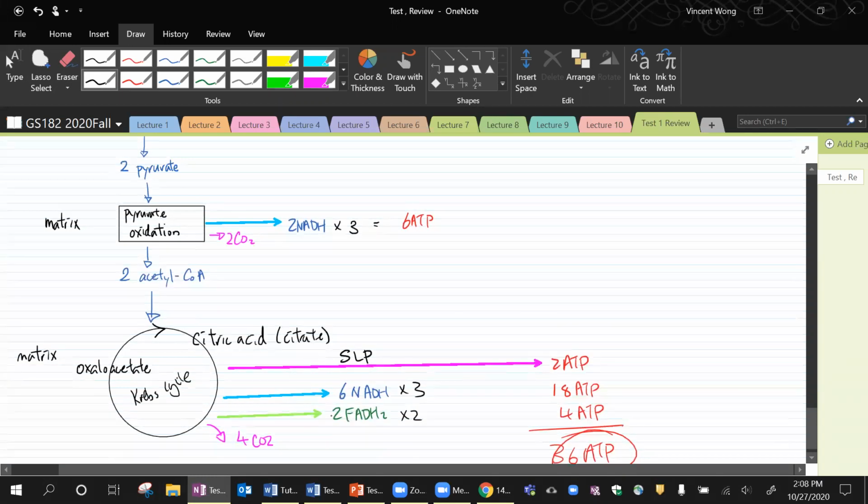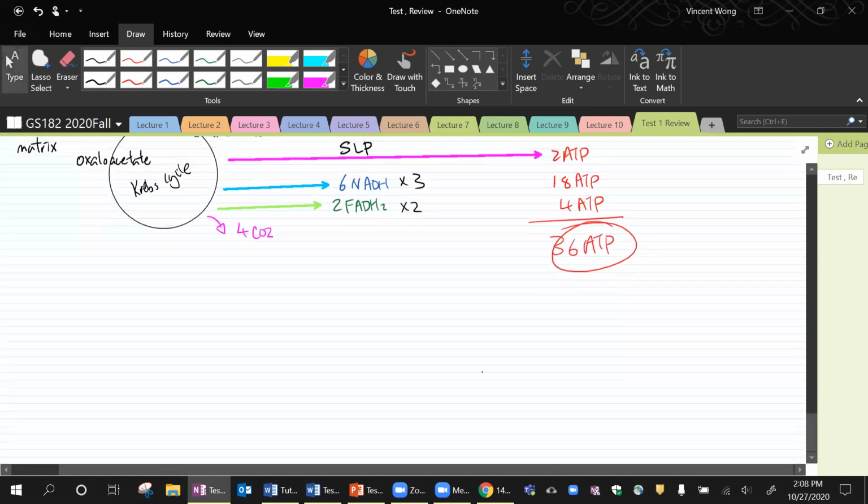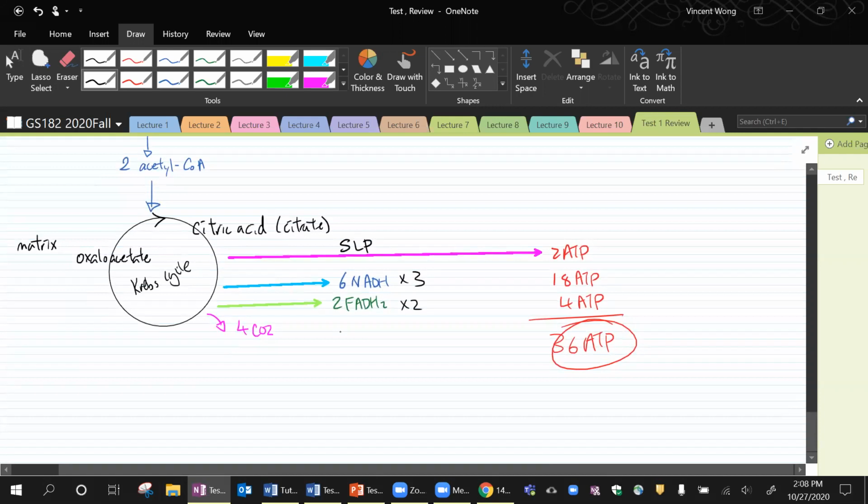Okay. So if the question asks from Krebs cycle, how many ATP can be produced in total, then you would count the NADH and FADH2 as well. Oh, like if you say total amount. Okay. Yeah.